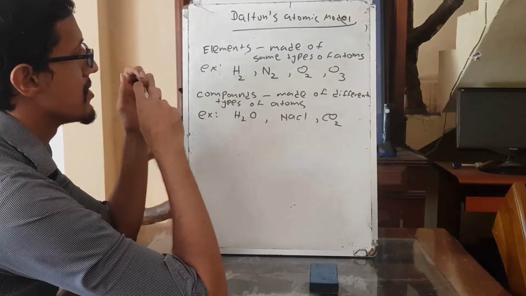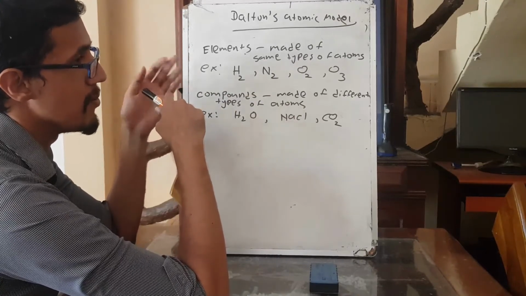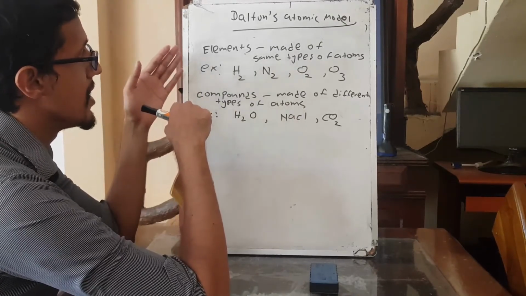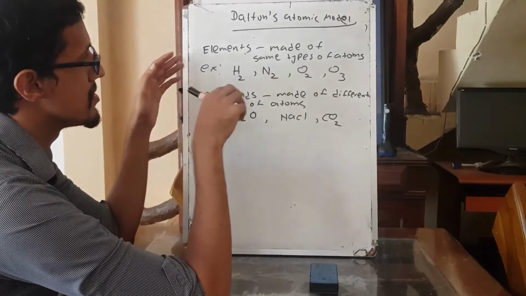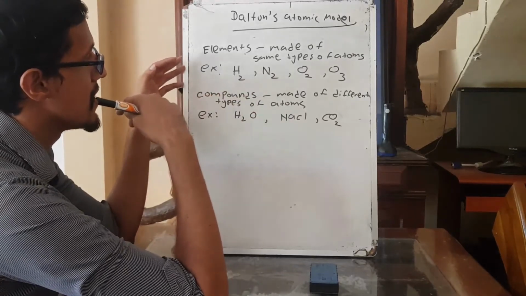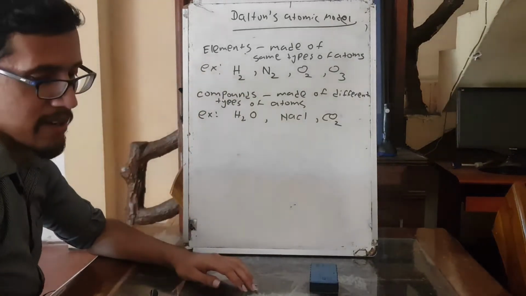In this session we talked about matter and how it is made, and we can divide it into elements and compounds. Elements, same type of atoms. Compounds made with different types of atoms.